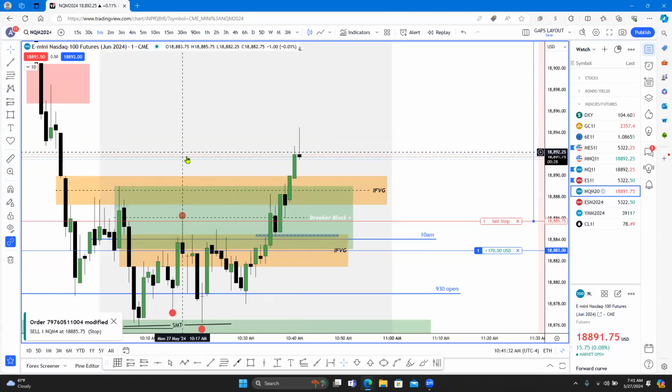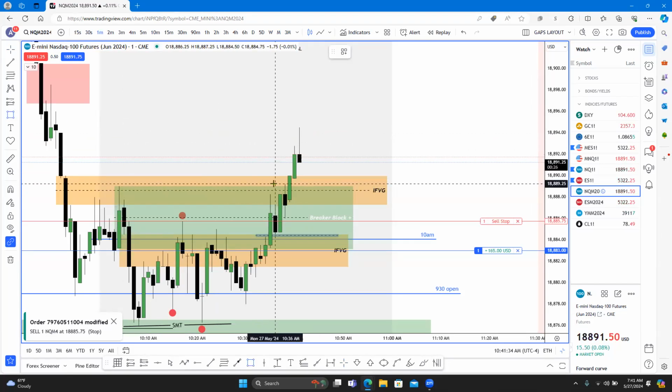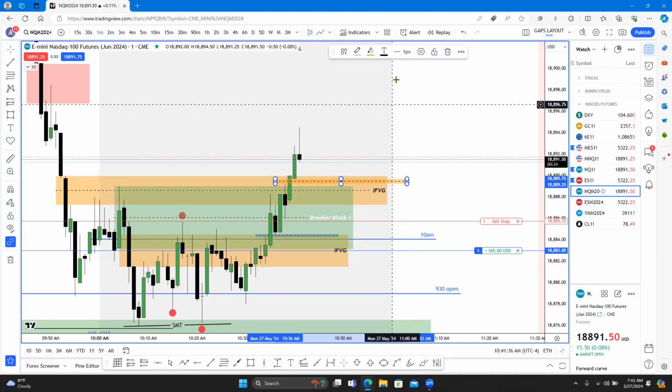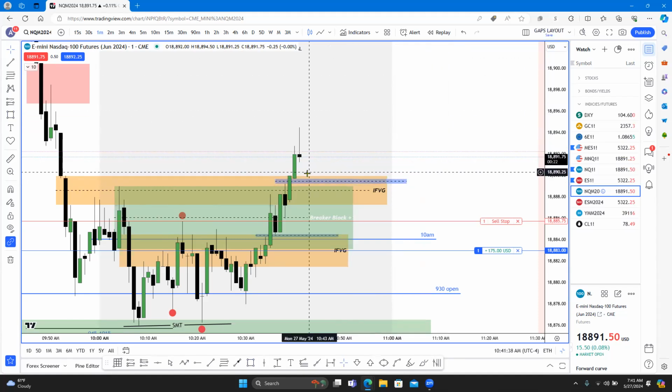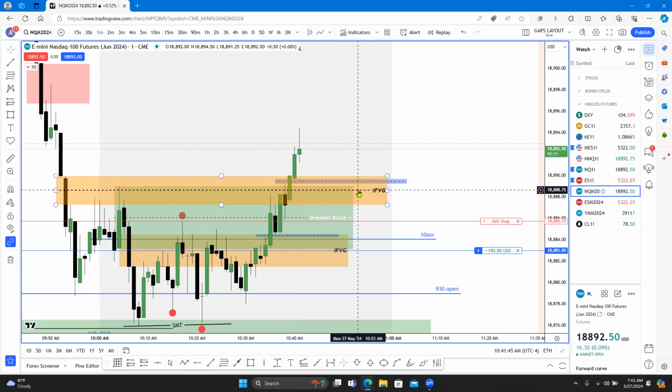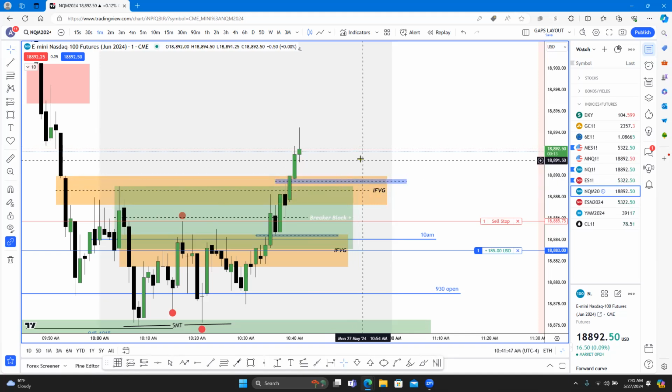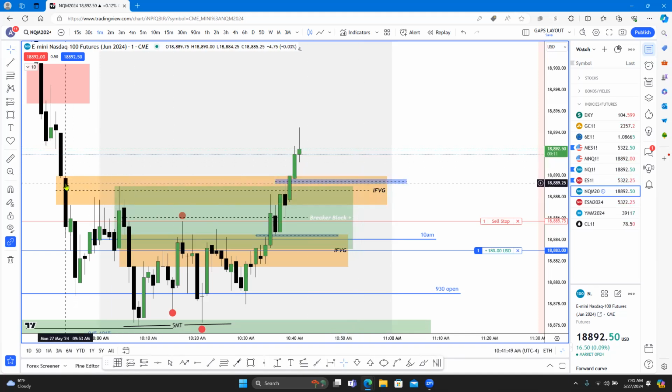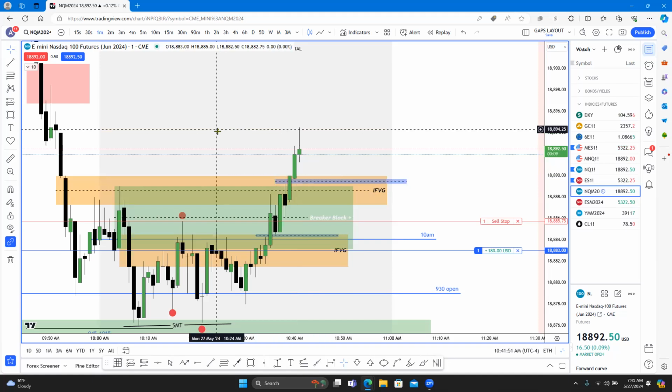If it comes back down, we want it to respect this gap in here, right? Bullish PD array, this next one. And this inversion as support, right? So we have double PD arrays in here, left side of the curve respecting the right side of the curve.